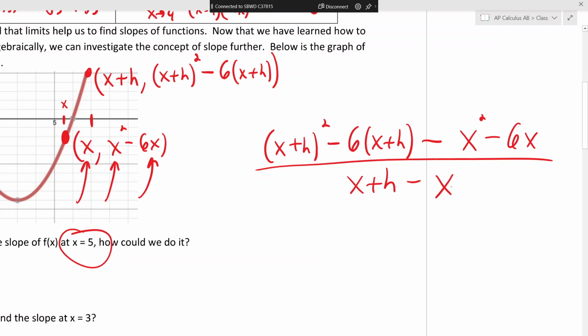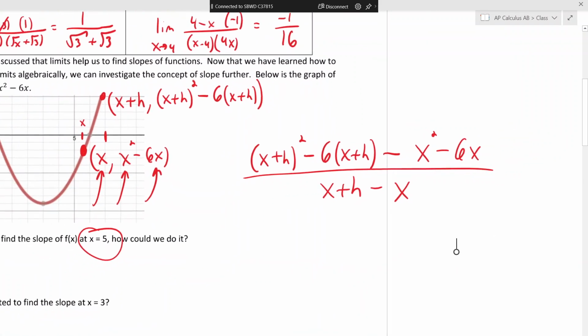It's not x plus h squared, right? It's x plus h. And I purposefully missed one thing. What do I need here? Anybody see? Parentheses. Yes, ma'am. Thank you. It's minus the whole y value, like that.